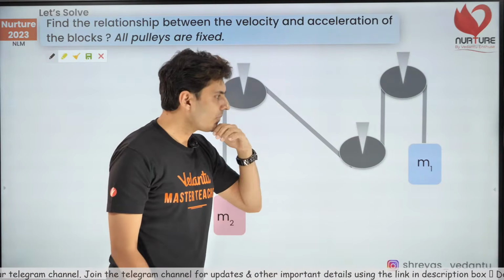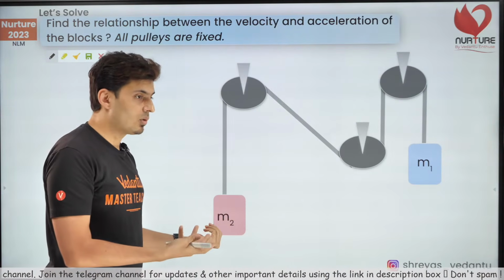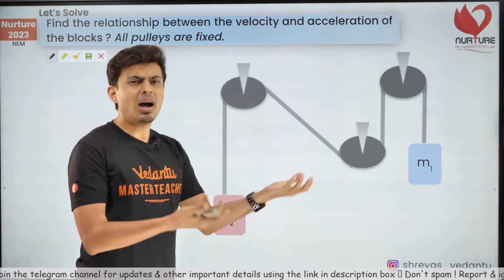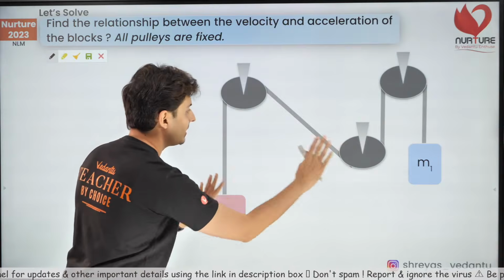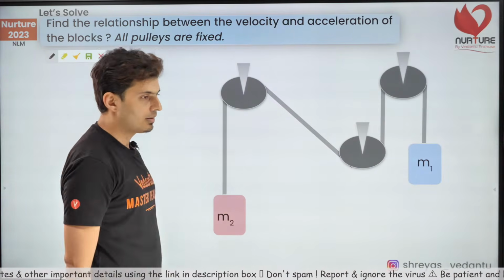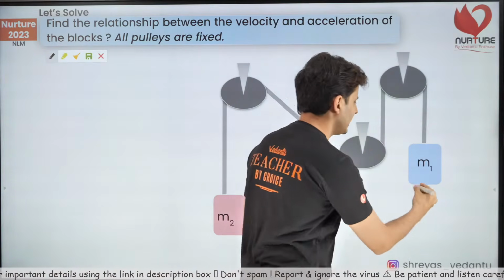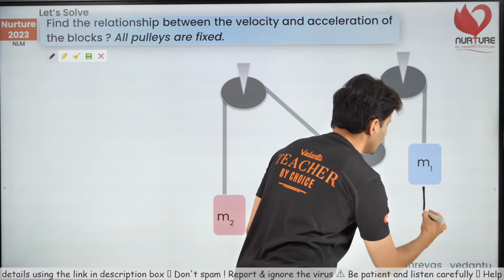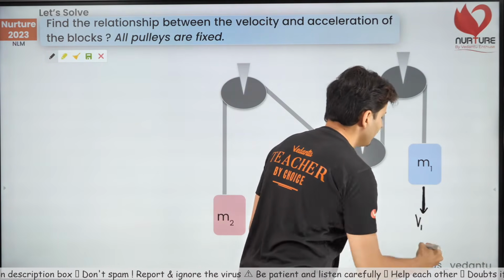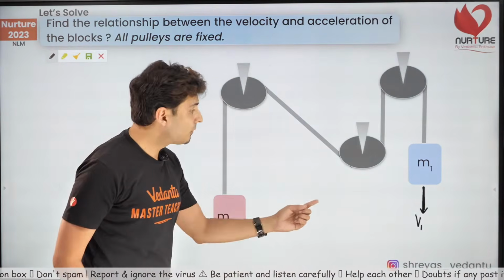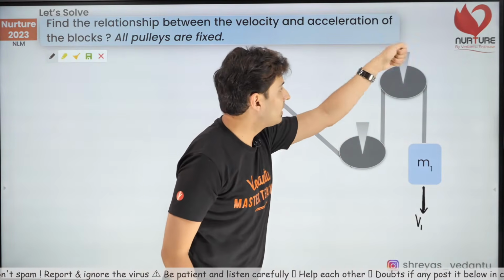It's obvious. Now, I don't know which one will go up, which one will go down, because the masses are not given. So assume something. Anyways, we just have to find the relationship between them. We don't have to find the actual values. So just assume something. Let's just assume M1 goes down with, let's say, velocity V1. If this goes down, the string will be pulled.